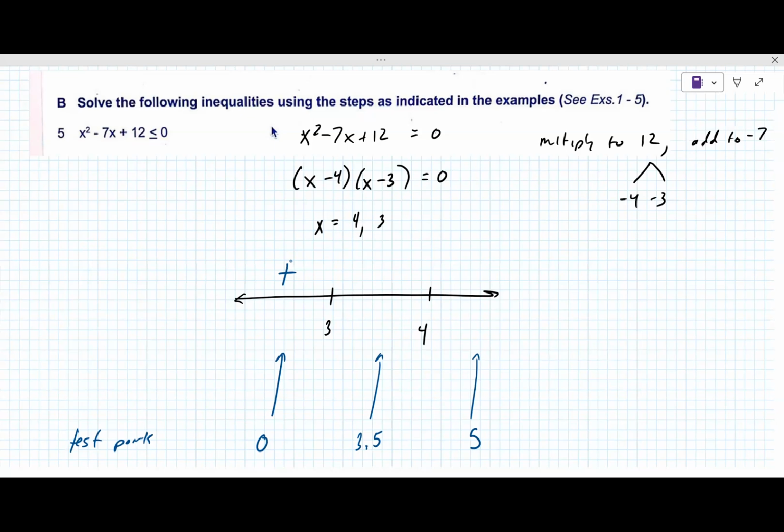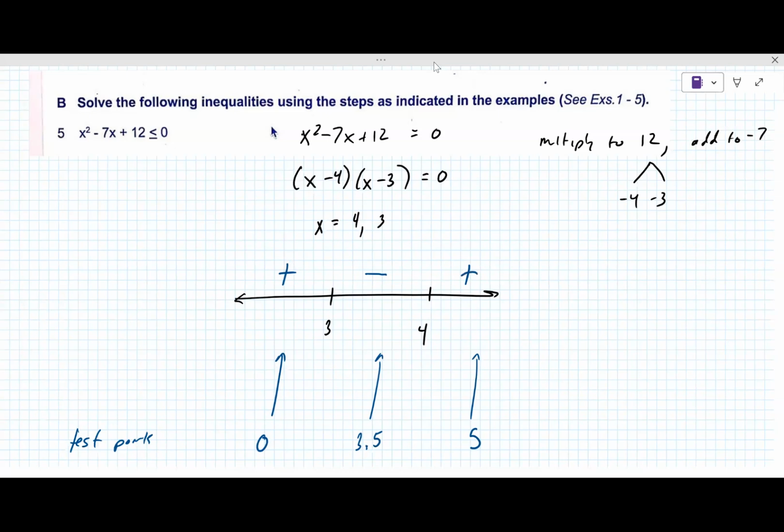And then for the 3.5, I got negative 0.25. Okay, it is negative, I agree. And then for the 5, I got positive 2.